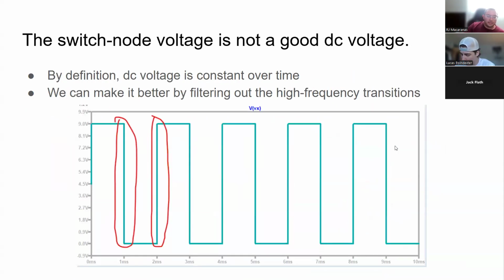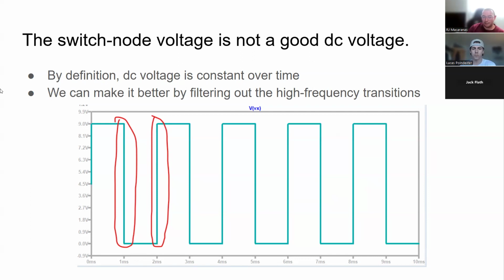And obviously, we've created this switch node, and it's not a great DC voltage yet. We're turning it on to 9 volts and off to 0 volts. So we need a way to filter out these high frequency transitions to actually make a good DC output, because we're making a DC to DC converter.